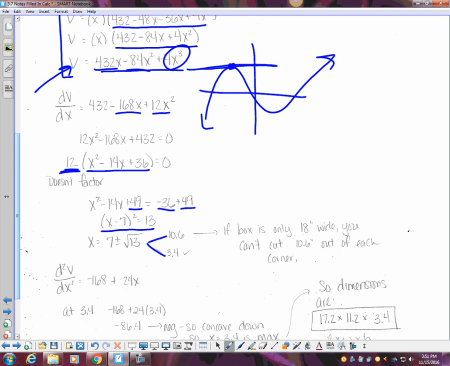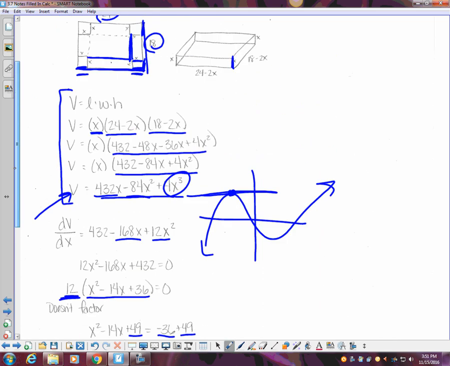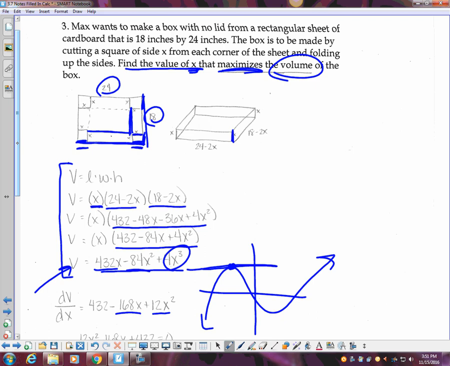One of these answers doesn't make sense. Okay, think about what x represents. x is the little corner that we're cutting out. So one is 10 and some change, and one is 3 and some change. Go back and look at your box. If this distance is only 18 to begin with, you can't cut 10 from each corner, because that would be 20, and you only have 18 to start with.